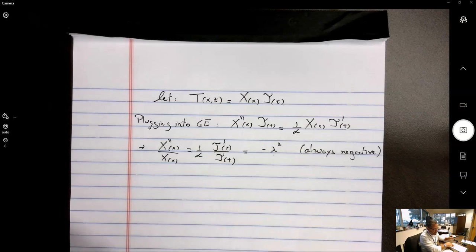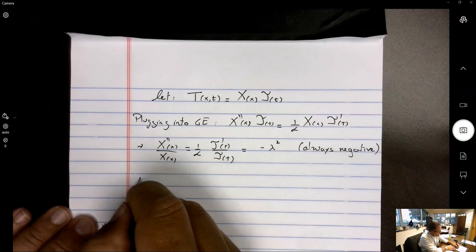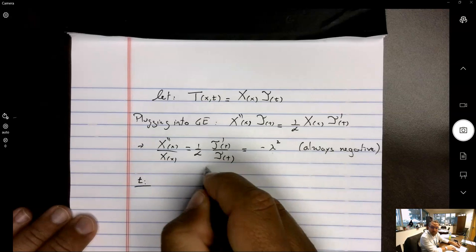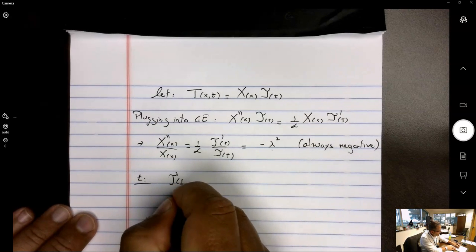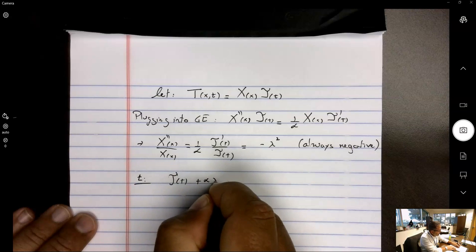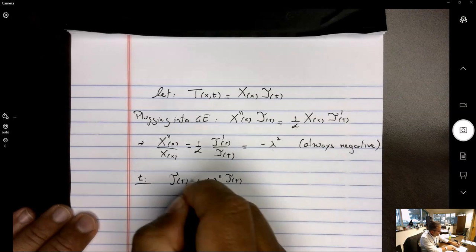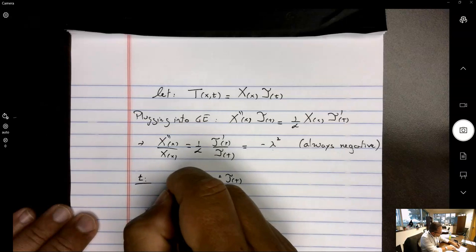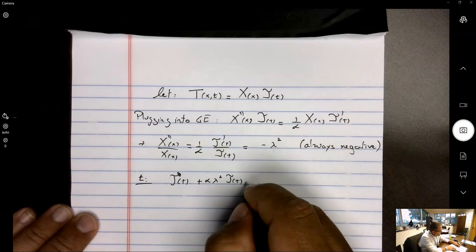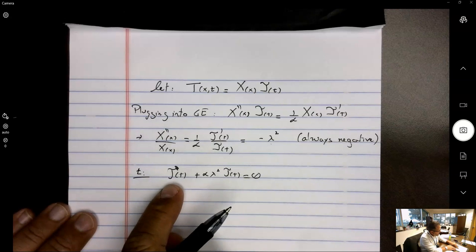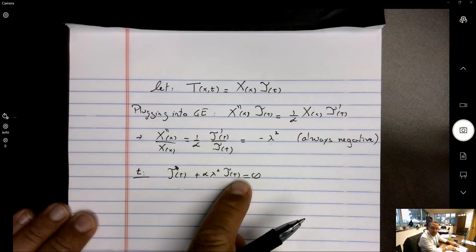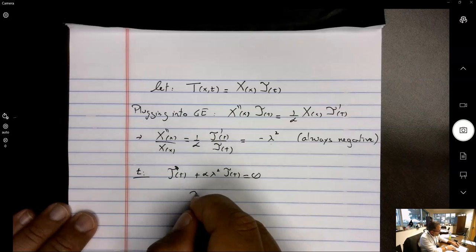But also, what happens is that when you solve the problem in time, see the equation that results in time looks like tau prime of t plus alpha lambda squared tau of t, there's a prime here, single prime, not double prime, is equal to 0. And you look at that equation, that is a first order ordinary differential equation that has a very simple solution.